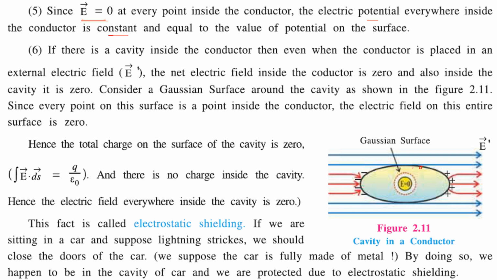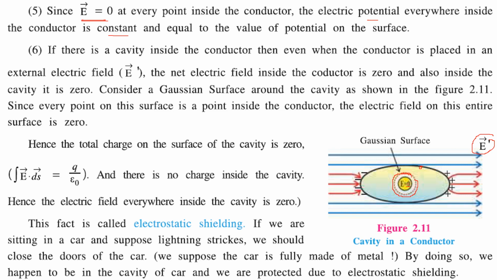So if there is, say, some cavity inside the conductor, then even when this conductor is subjected to some external field E dash, the net electric field inside the conductor will again be 0, and inside this cavity will also be 0. Just consider this dotted Gaussian surface.